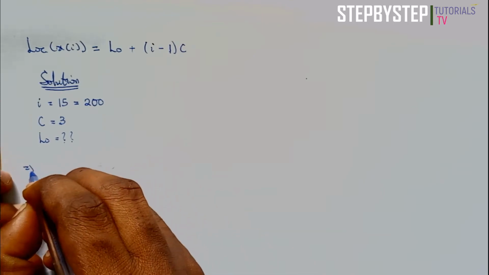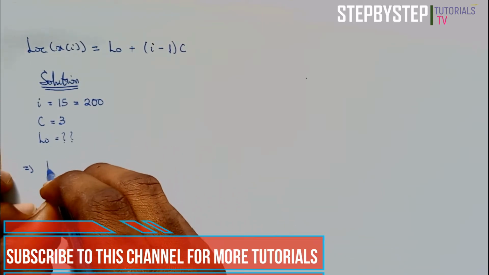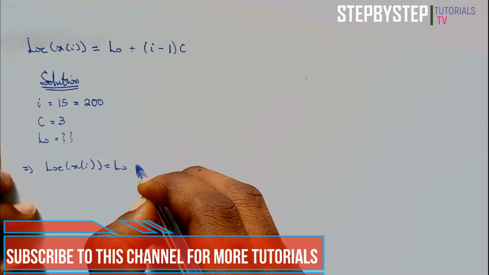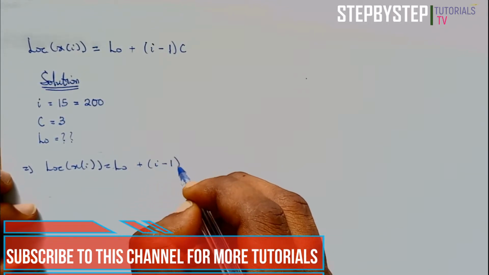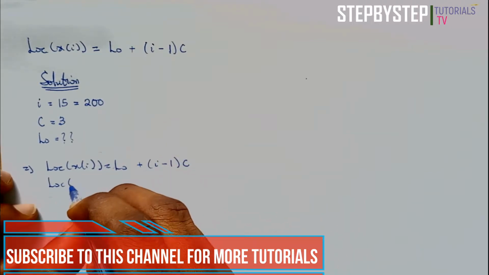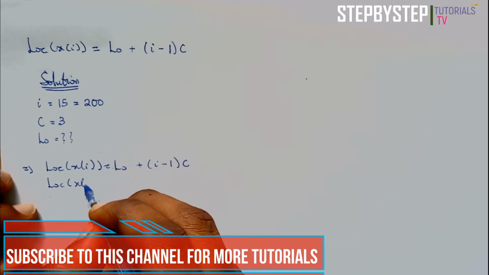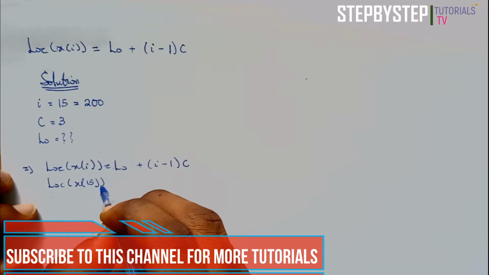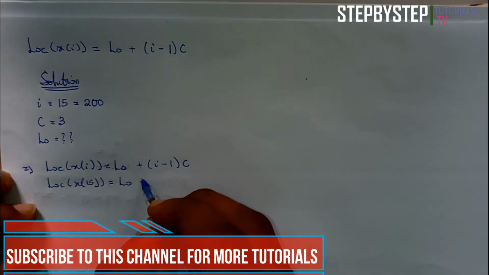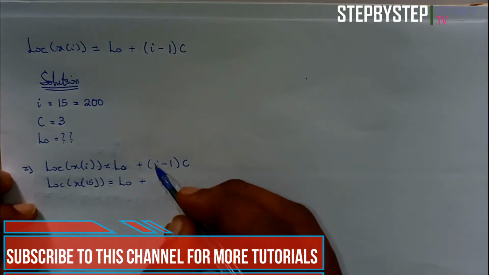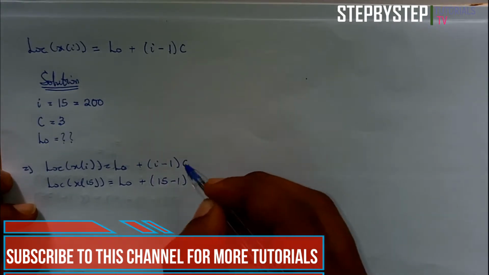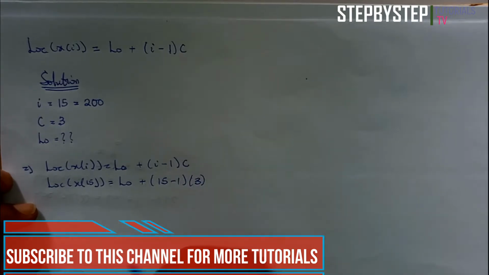So we can now move on to put down our formula properly again. LOC of n equals LO plus n minus 1 times C, and we know our n is 15. Our LO wasn't given, so we maintain that it's what we are trying to find. We have 15 minus 1 into bracket 3.